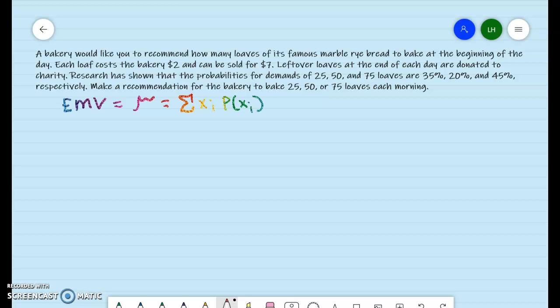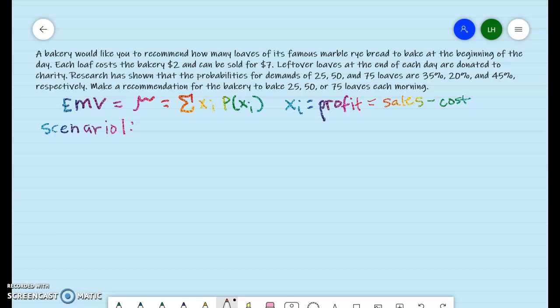In this question, x is going to equal your profit. So for each one of these, to get the profit, it is sales minus the cost.